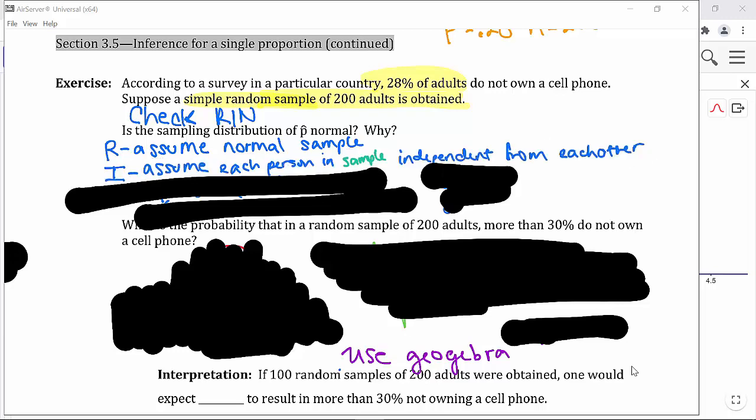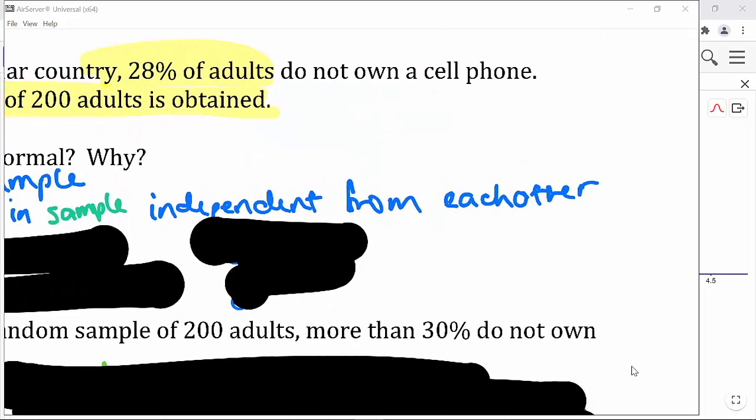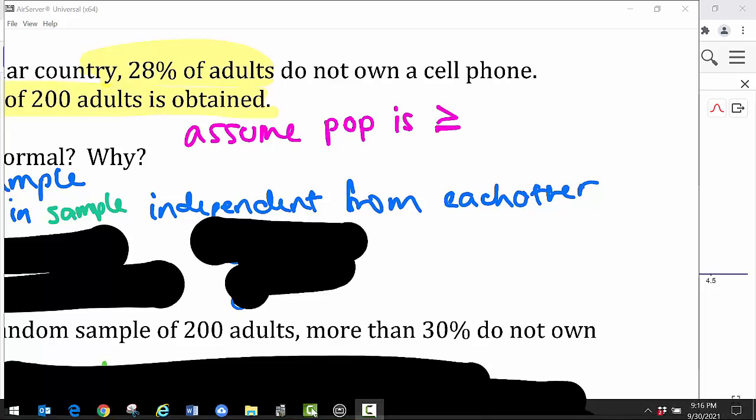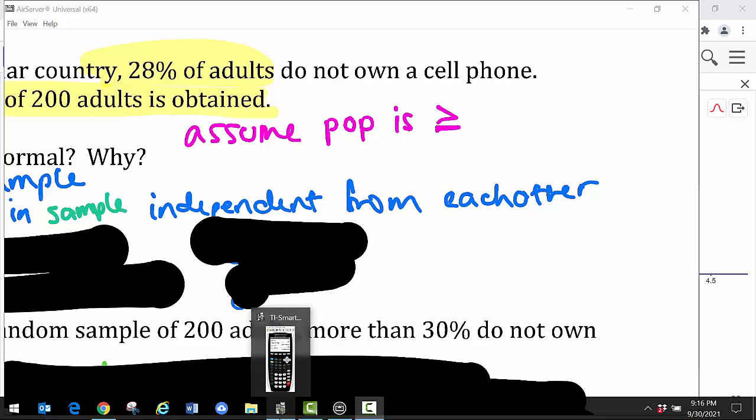So assume each person in the sample is independent of each other, and the way you prove that is you really assume n equals 200. Actually, let's do it this way. Assume the population is greater than or equal to, and we want to figure out what the population would have to be, so 200 would be 5% or less.